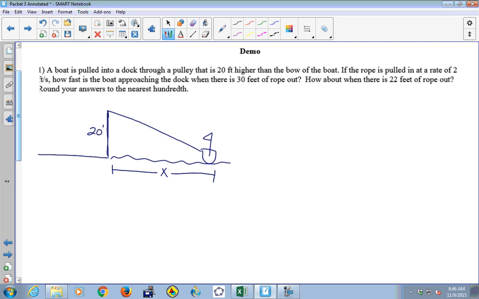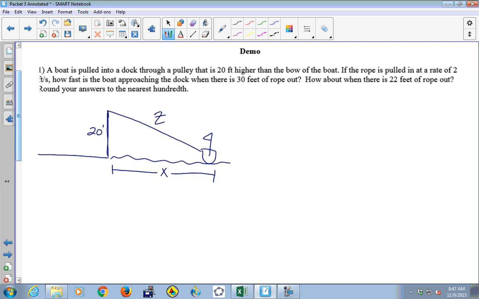So I'm not going to put 30 feet there, because that would indicate that it's always 30 feet, since it's a static picture. I'm going to put maybe a z. It's changing, so I label it with a variable. Variables vary. All right, so now I have my static picture, and the things that are changing I've labeled with variables.